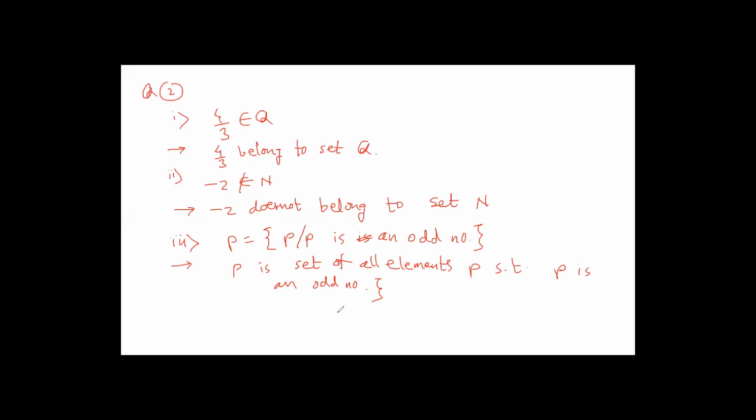Now next, we are going to consider question 3. Write two sets by the listing method and by the rule method. So you have to write by the listing method as well as the rule method. First, you have to write any two examples.